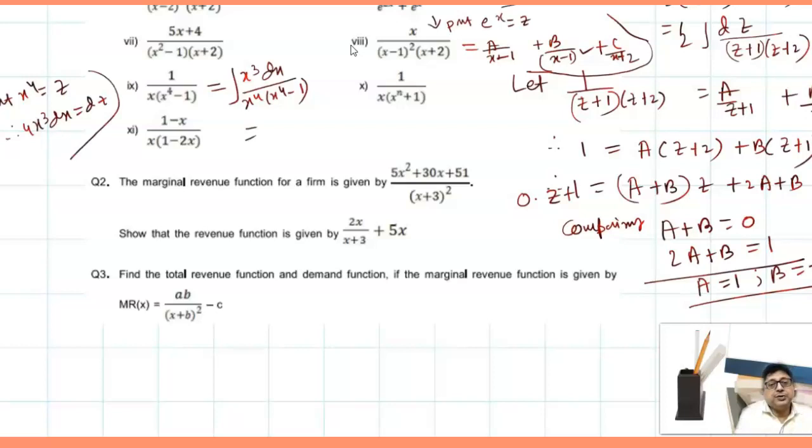So this is going to be 1/4 dz by z into (z minus 1). Alright. This will be a by z, b by z minus 1, integrate term by term, and replace z by x to the power 4. Sum is done. Similarly, in number 10 also, you will multiply numerator and denominator by x to the power n minus 1 and put x to the power n equal to z.